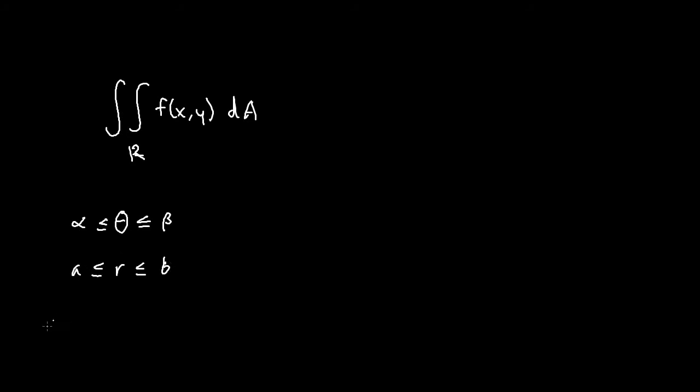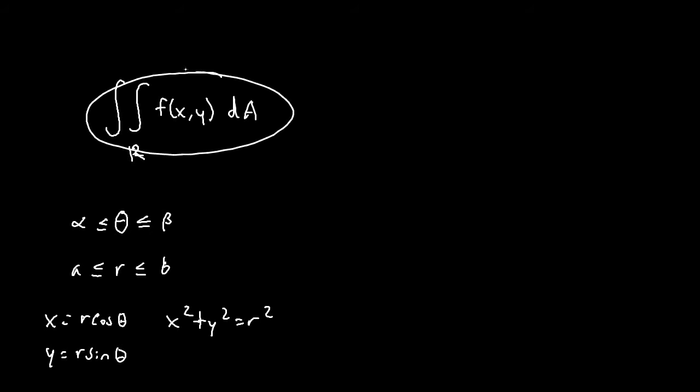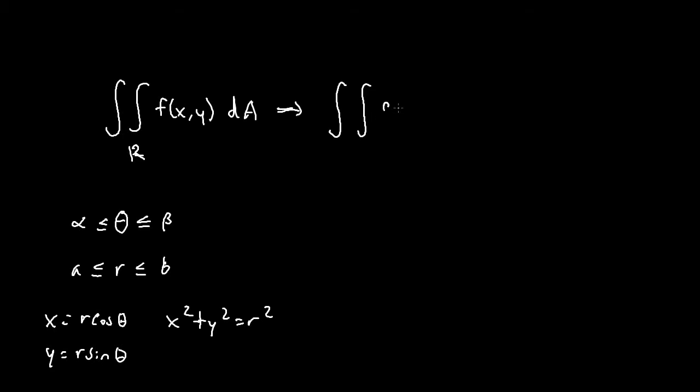So using three formulas here, x equals r cosine theta, y equals r sine theta, and x squared plus y squared equals r squared. The formula to turn this double integral into another double integral, this time in polar form, is going to be the double integral of f of, well, remember x is going to be equal to r cosine theta, so we have f of r cosine theta comma y, which is r sine theta, times r times dr times d theta.